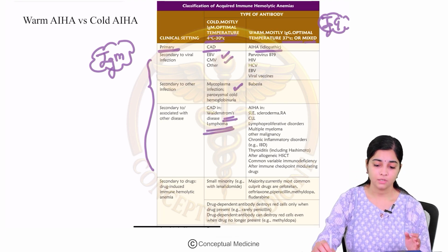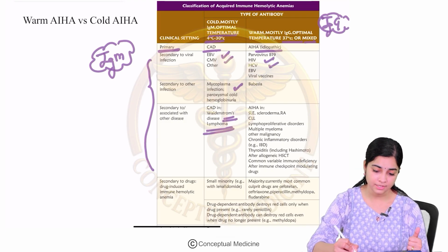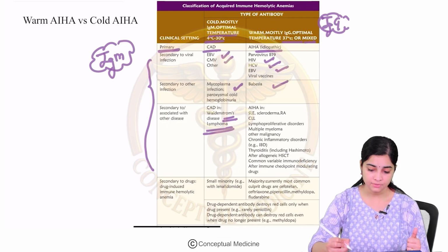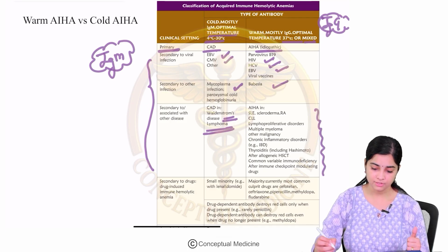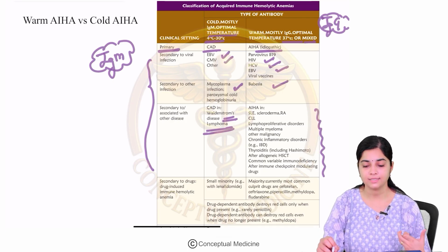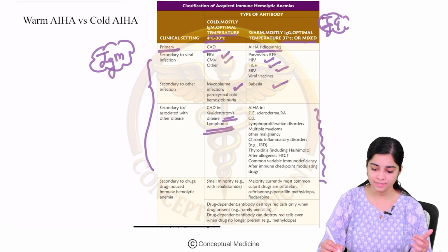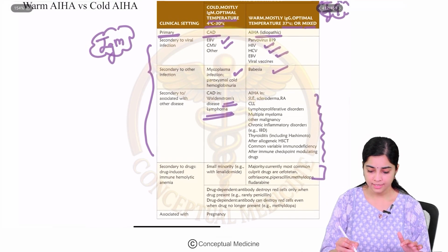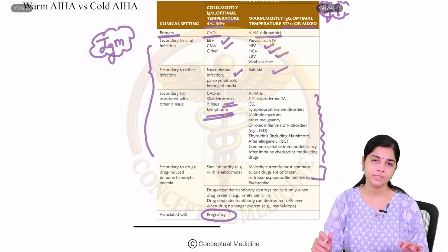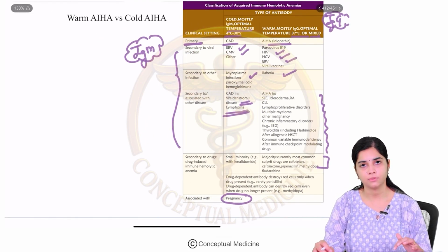But when we look at the viruses which can trigger a warm AIHA, it includes HIV, HCV, EBV, babesiosis, and the whole list of disorders that we had just discussed: lymphoproliferative disorders, myeloma, SLE, CLL, and also after hematopoietic stem cell transplant, and the drugs. Both of them can be associated with pregnancy as well. So this is about warm versus cold AIHA.